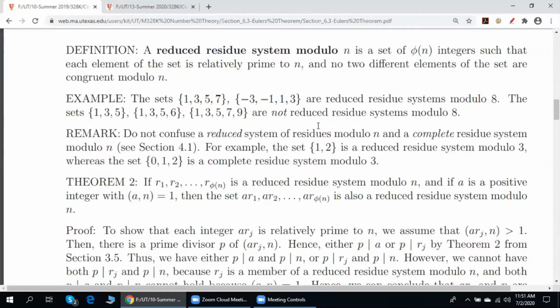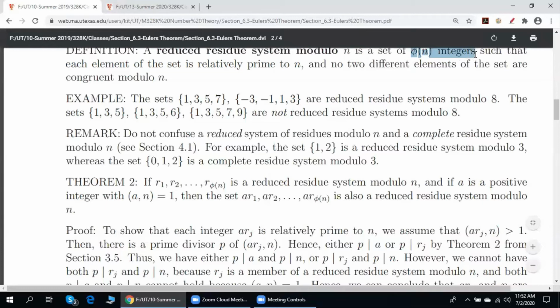One can check that if we pick any two different elements from here, or any two different elements from here, these two elements are not congruent modulo 8. In contrast, these are not reduced residue systems modulo 8, because over here we do not have phi of n integers.